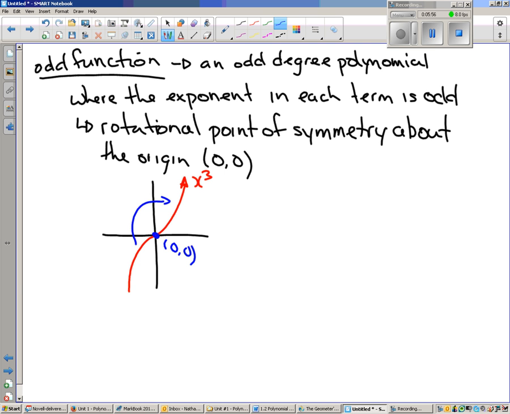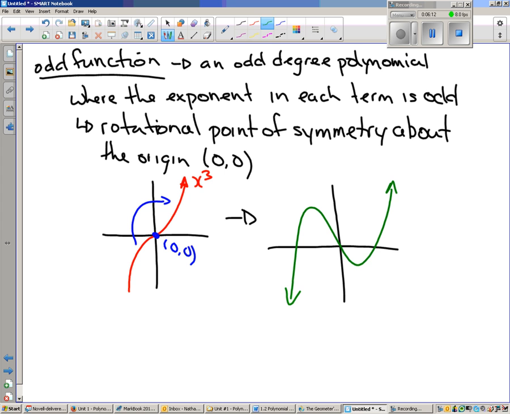We can get a similar type graph for a more advanced cubic function that's going to look like this. We can get a rotational point of symmetry right here, and we could spin that around.